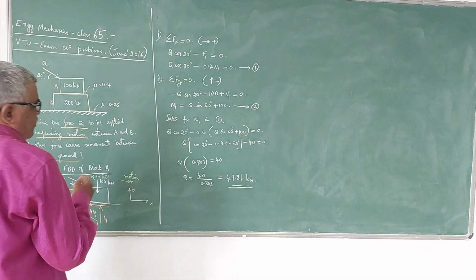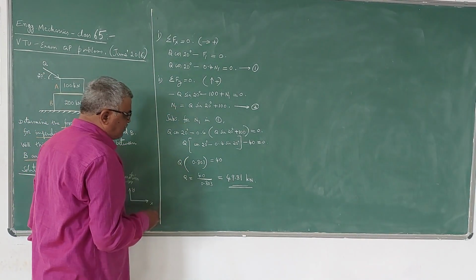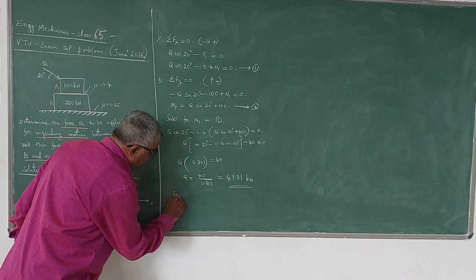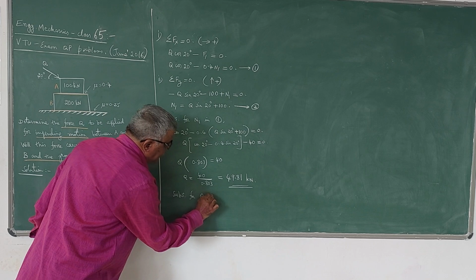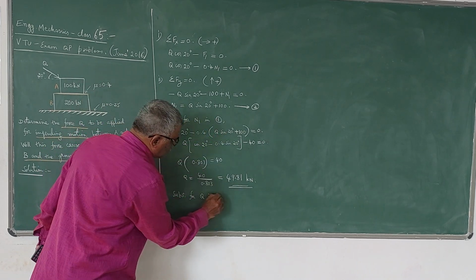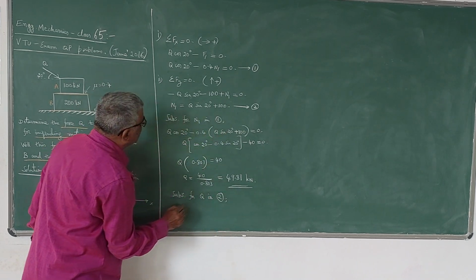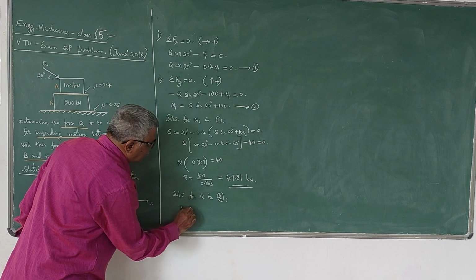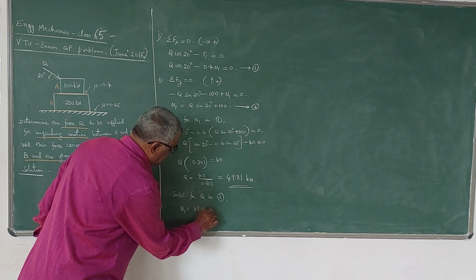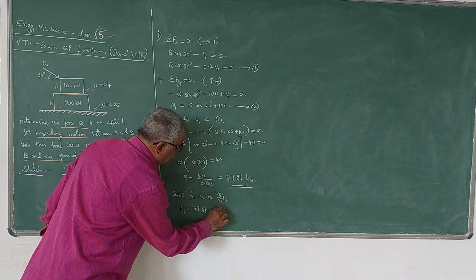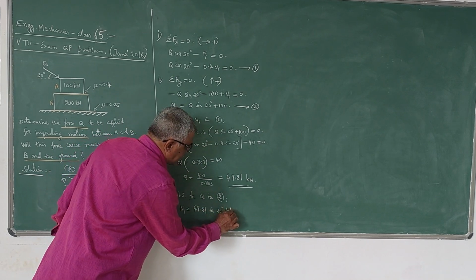Now once you get the value of Q, you can find out the value of N1. Substituting for Q in equation 2, N1 will be Q, that is 49.81 into sin 20, plus 100.